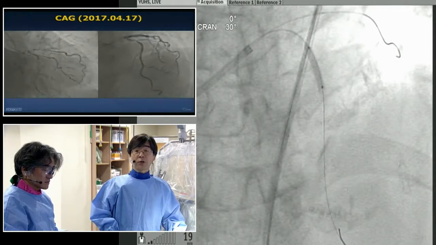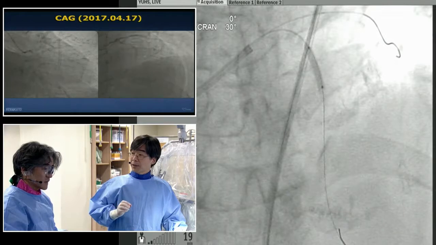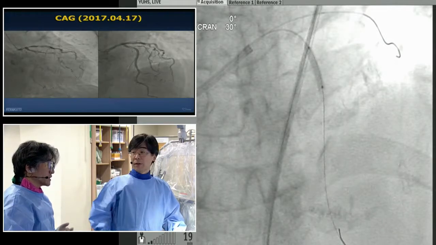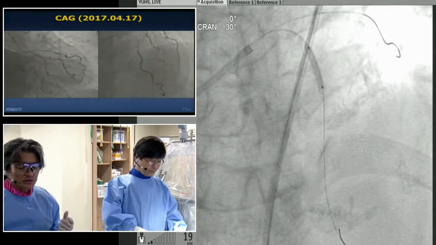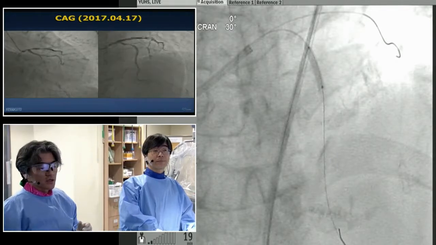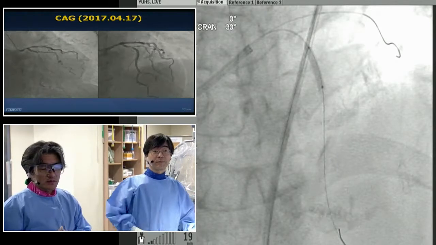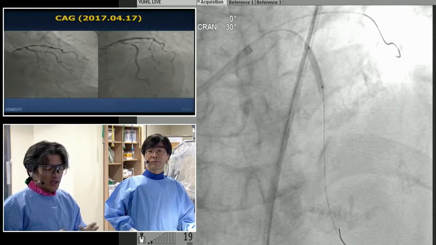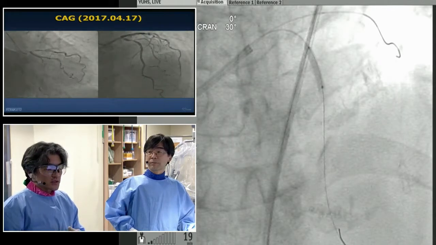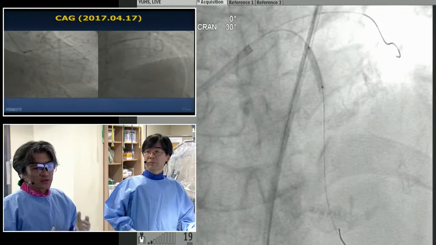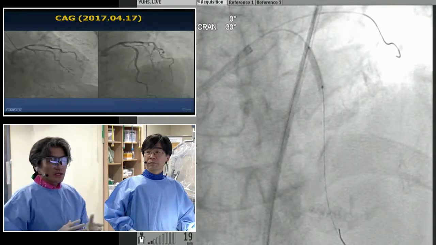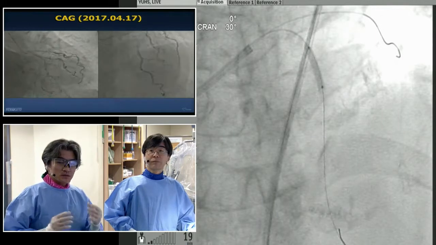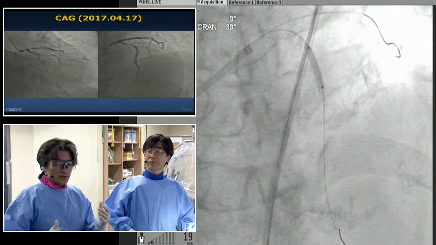Actually, how many patients? 19. 19 patients underwent Biofreedom implantation before non-cardiac surgery, and the median time was 4 weeks later. All patients underwent non-cardiac surgery without complication, meaning no stent thrombosis or further bleeding.